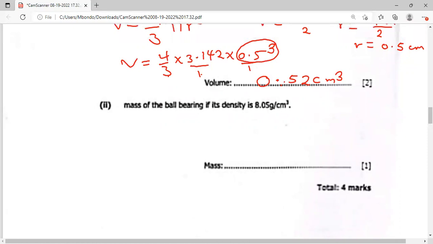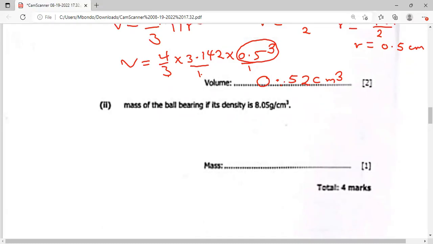If the units were in kilograms per cubic meters, it was very important that you convert the volume you have found on top there to cubic meters. Now, you can also do it by converting the radius you have found initially there to meters, so that when you come to the volume, you don't convert it again.